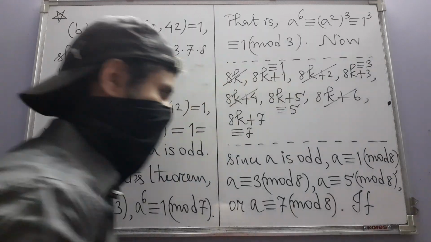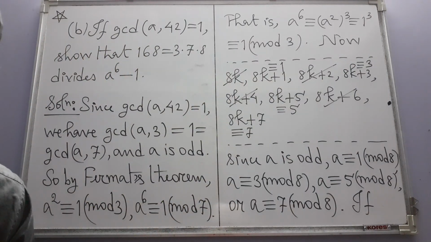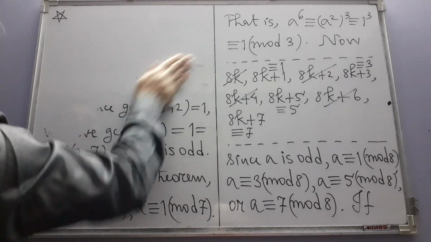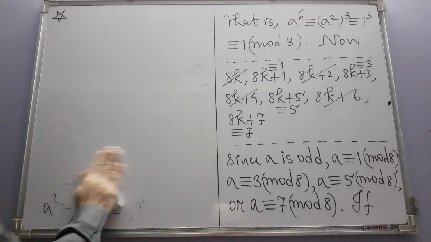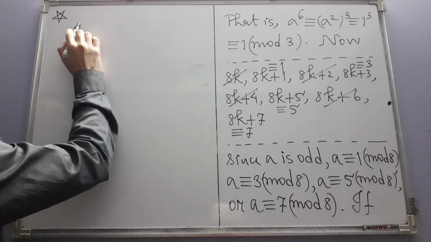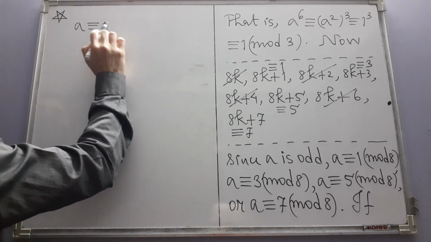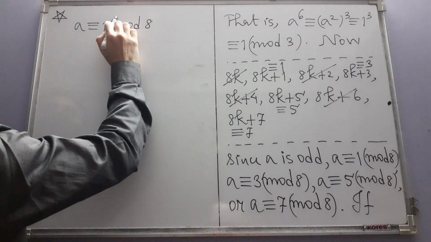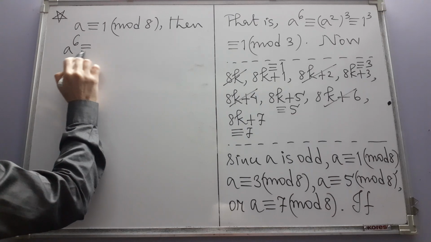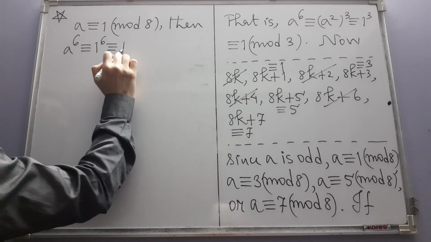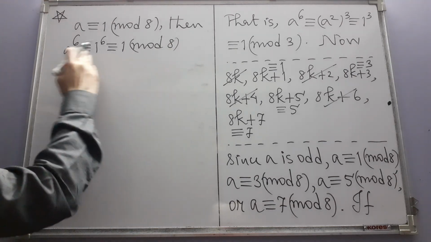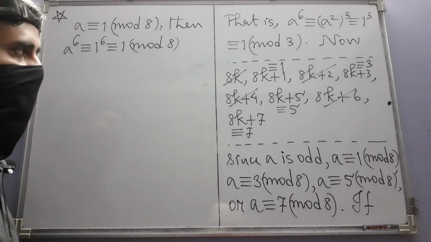In fact, the first one is immediate. If A is congruent to 1 mod 8, then A to the power 6 is also congruent to 1 mod 8. So whatever we are seeking is really just there if A is congruent to 1 mod 8.